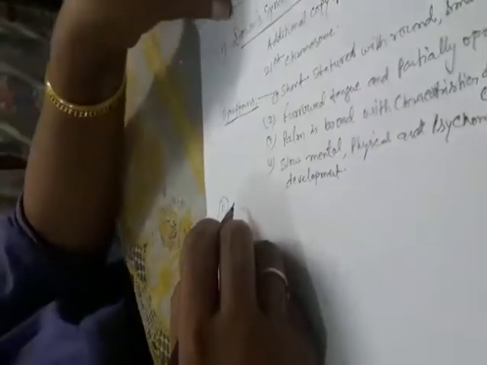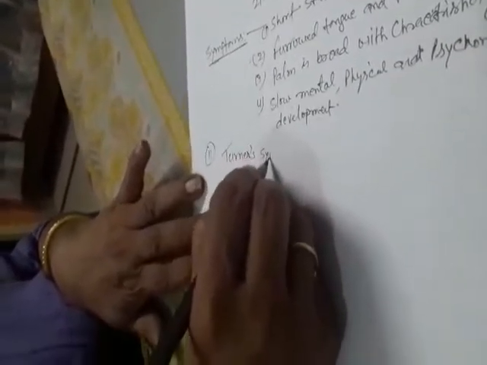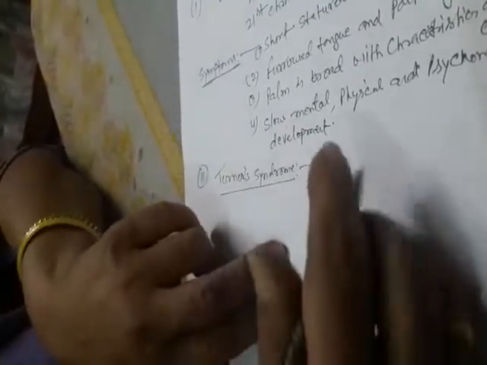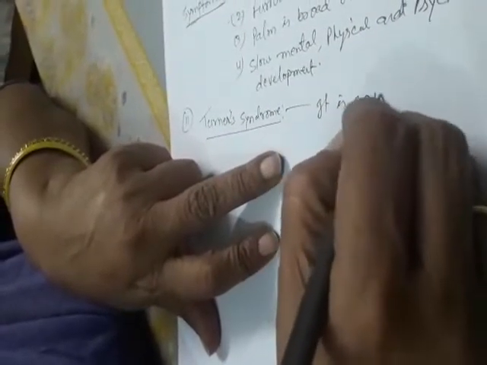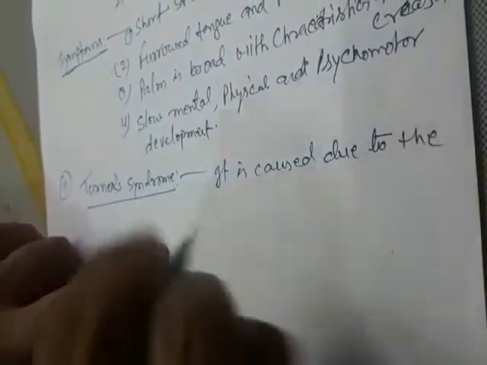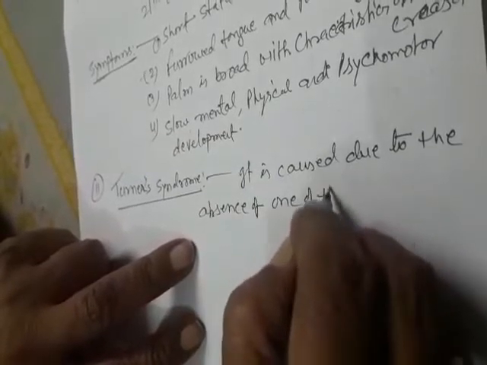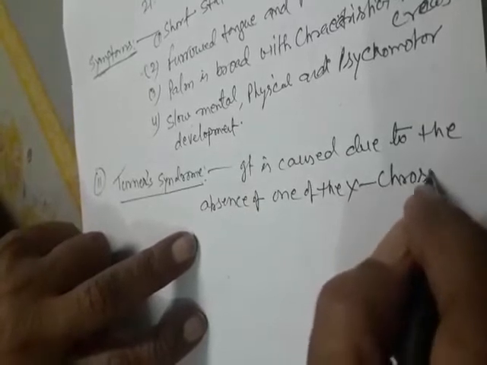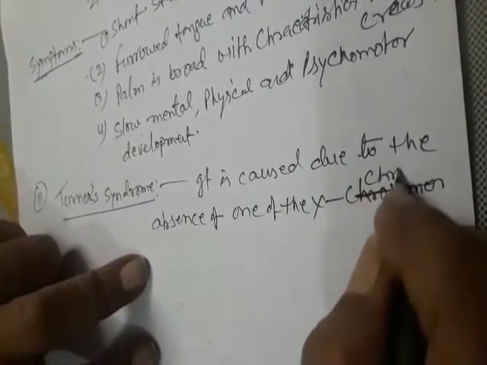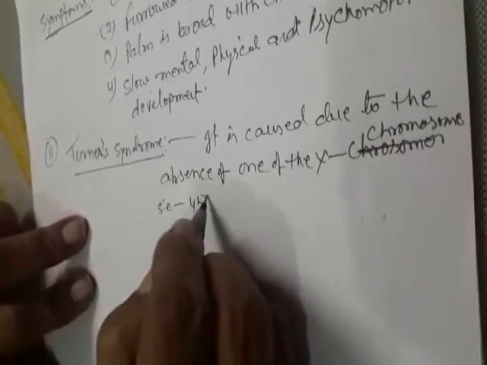Next, Turner's syndrome. It is caused due to absence of one of the X chromosomes, 45 with XO.